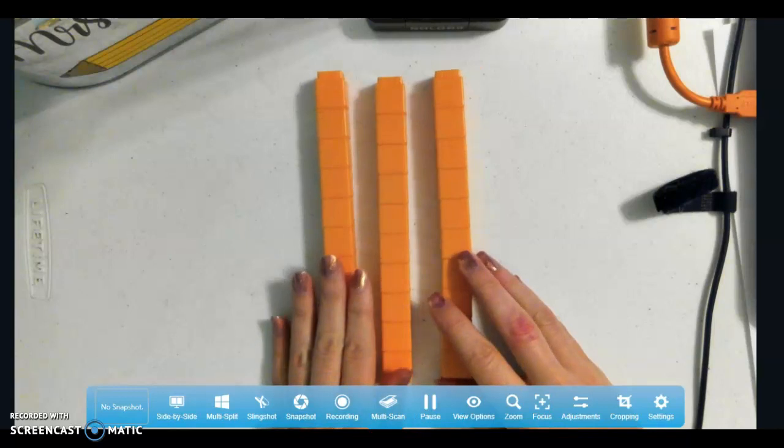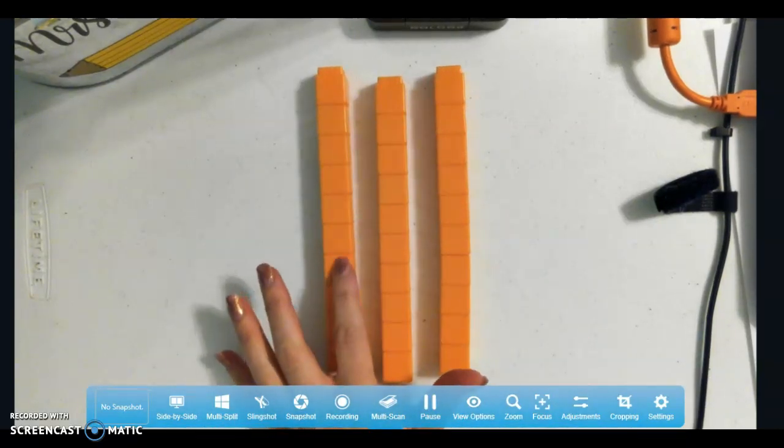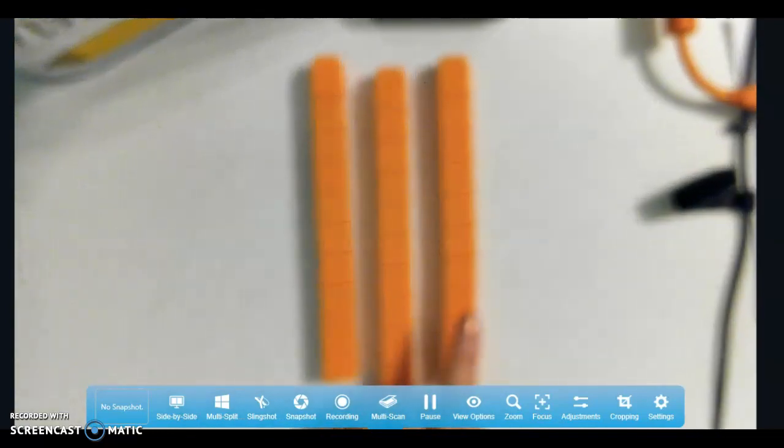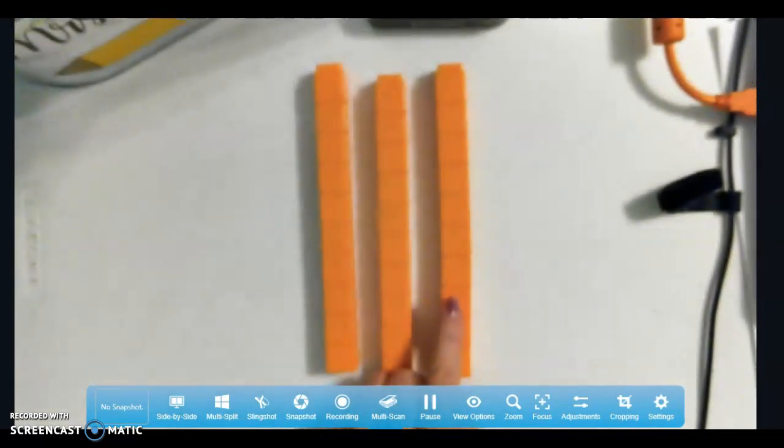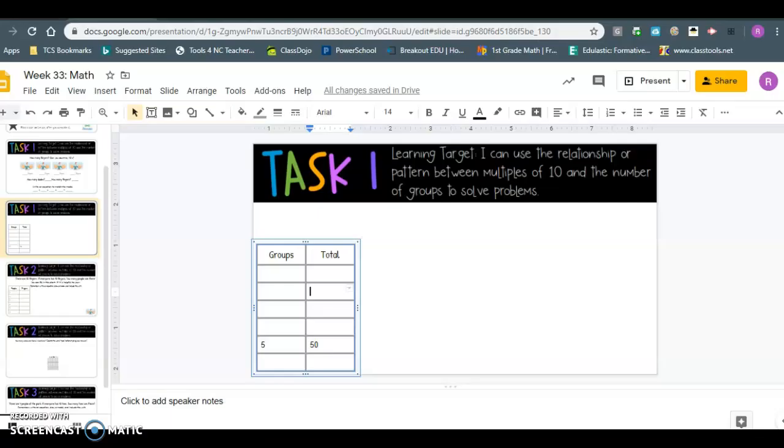All right, were you able to guess that if we had a collection of 30 items, we would be able to make 1, 2, 3 groups of 10? If you did, give yourself a pat on the back. Let's head back over to my chart. So we knew that there were 30 cubes total, and we were able to make 3 groups of 10.